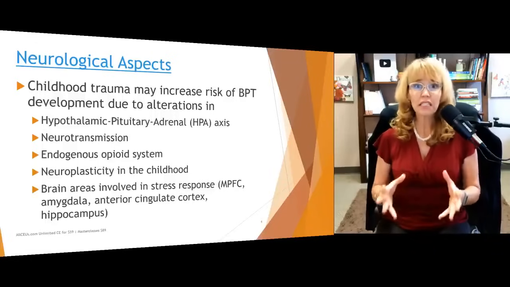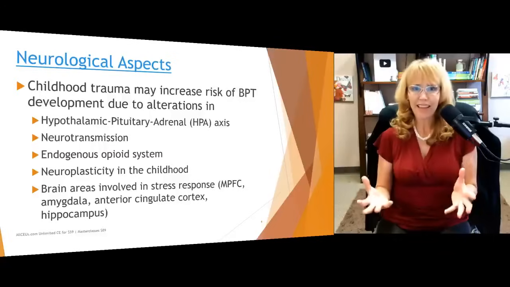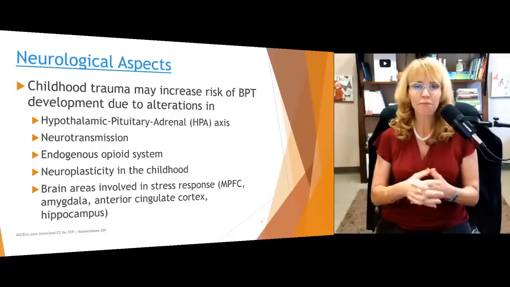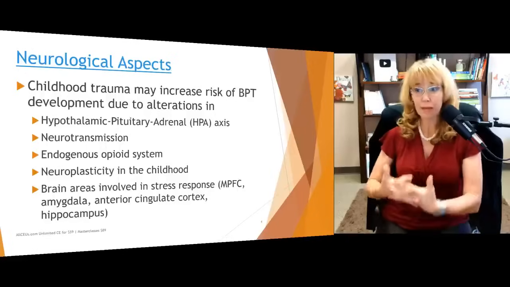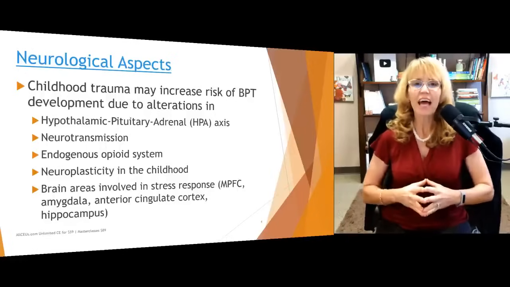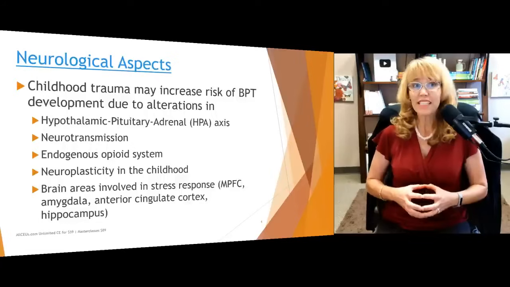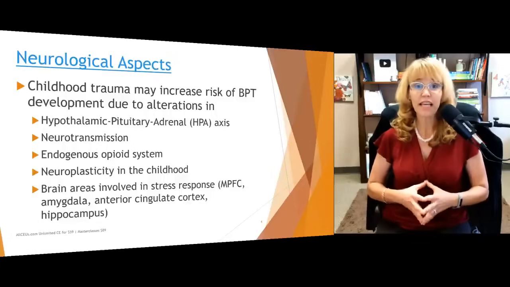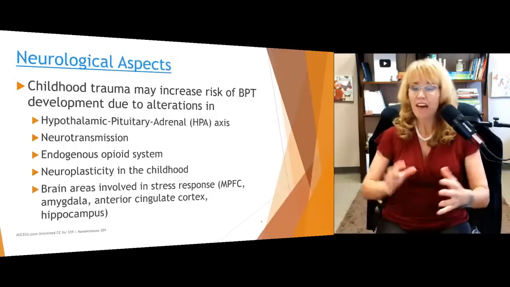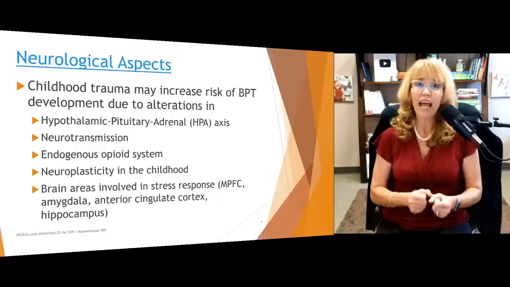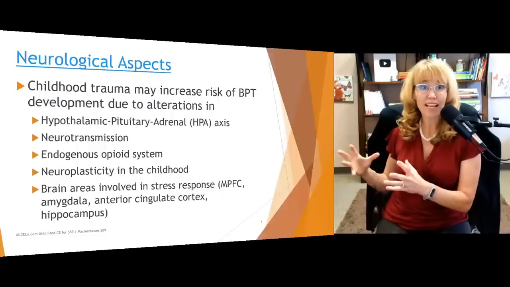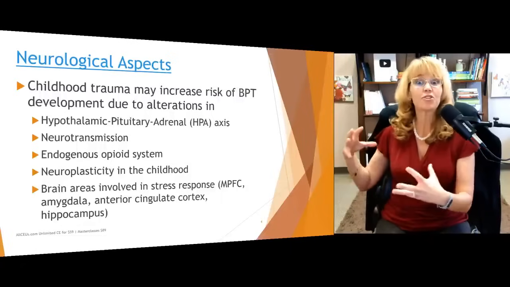When all this happens, it means there has been an alteration in neurotransmission. We actually can look at the brain scans of people who've been exposed to chronic stress and people with borderline personality, and we see that different areas of their brain light up. We see that certain areas like their hippocampus have actually shrunk in size, and other areas like fear processing and the amygdala have increased in size.